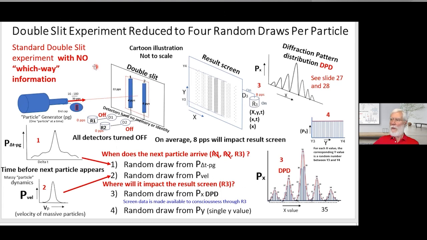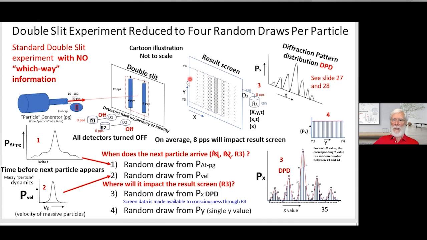So there's one random draw we don't have to make. But we still need to know when it's going to arrive at the screen. So we still need to know how long before the next particle comes out and how fast it is going. Okay, so we still have to make those two random draws. Then for the third draw, we come over here, take a random draw from the interference pattern, and that's where we put our particle.